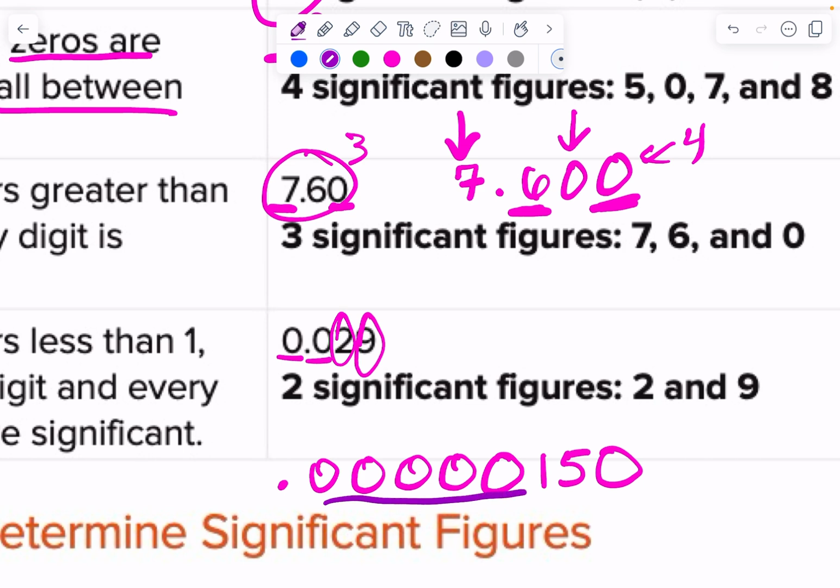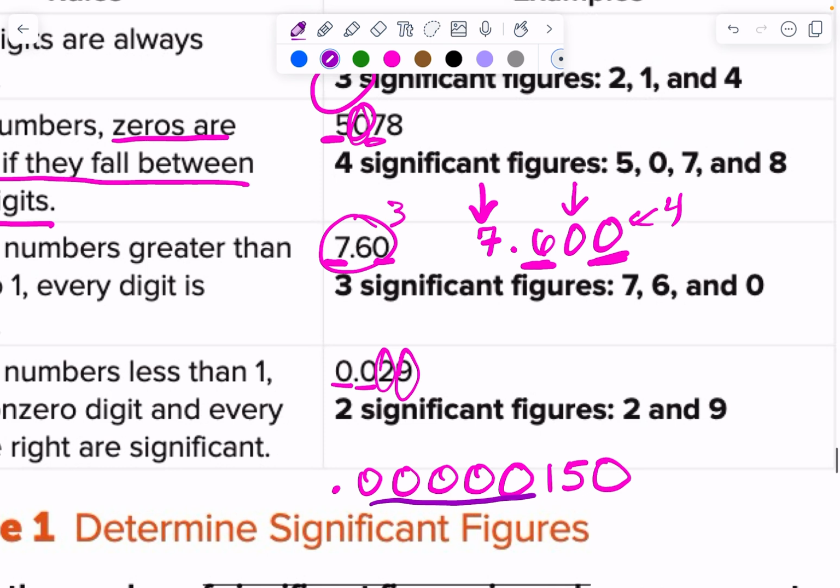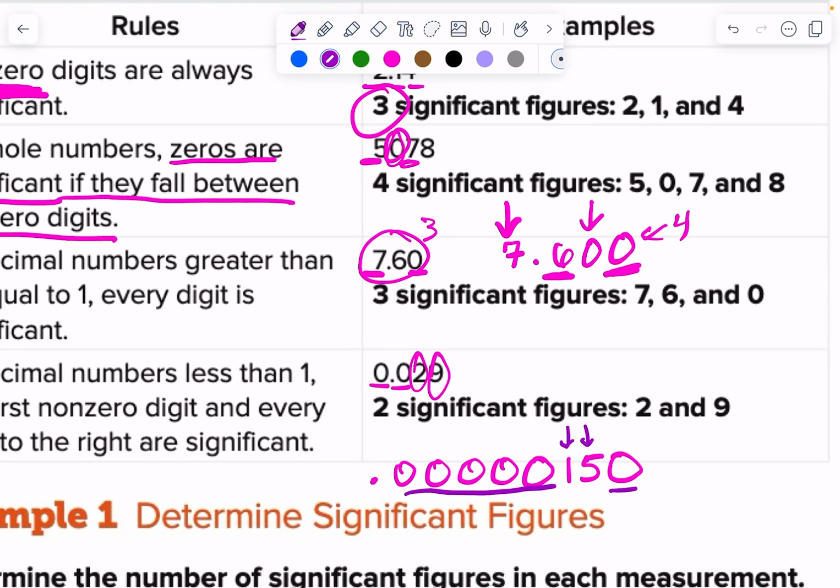And let's see, a decimal number greater than or equal to 1. Yeah, I don't think this 0 is significant, actually, because it's not a decimal number greater than 1. So here would only have 2 significant figs. Again, this 0 is not going to be significant because it's not a decimal number greater than 1.